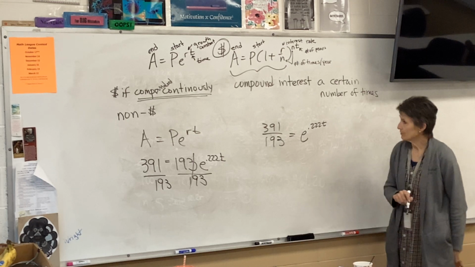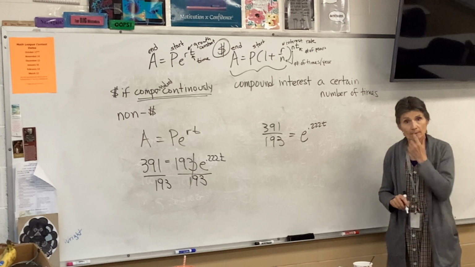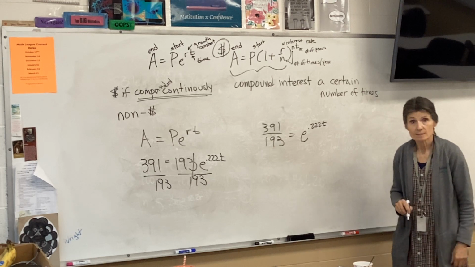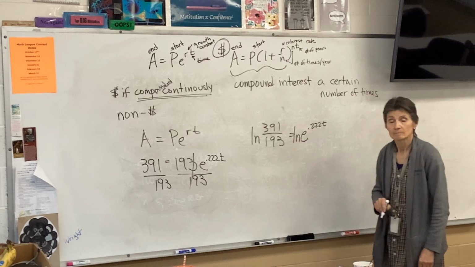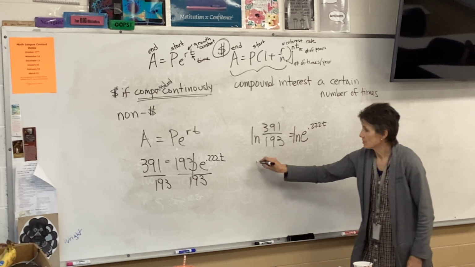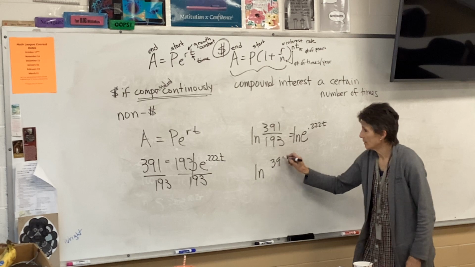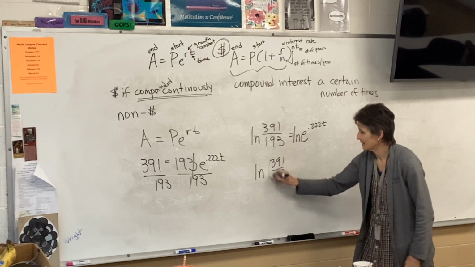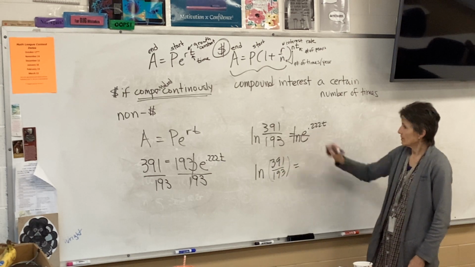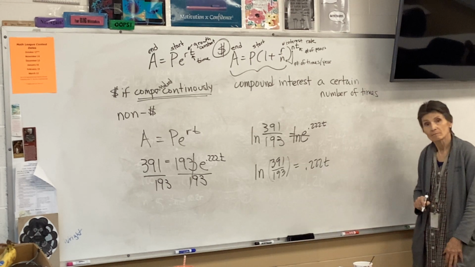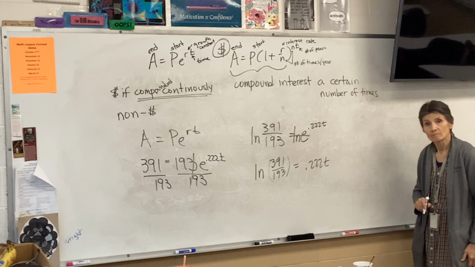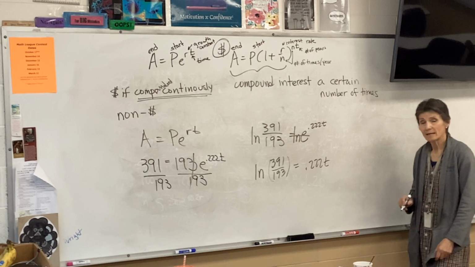So what do I need to do? I'm solving for an exponent. I need logs. Since there's an e, let's ln. So ln(391 over 193), whatever that is, equals 0.222t. How do I get my answer?